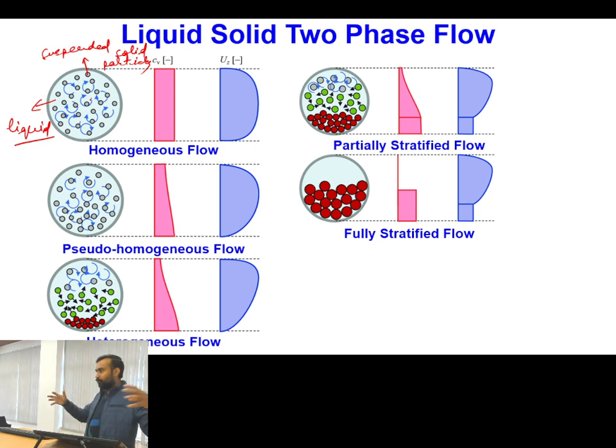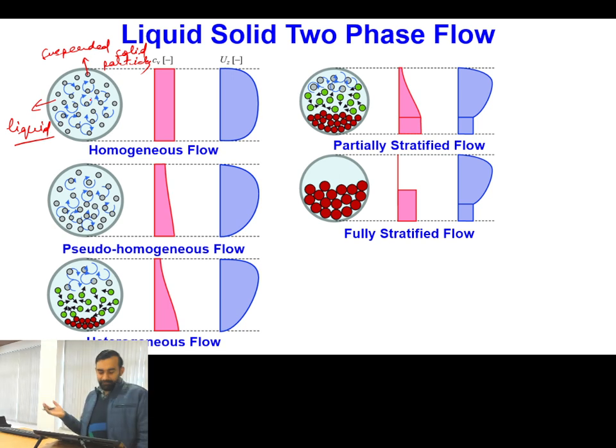If the flow velocity of the liquid is high, then large size particles can also be suspended. But if we decrease the liquid velocity, then the drag experienced by the particles because of the surrounding liquid flow will be less, and particles can settle down because of their own weight. So we have two important things: one is liquid velocity and second is size of the particles.